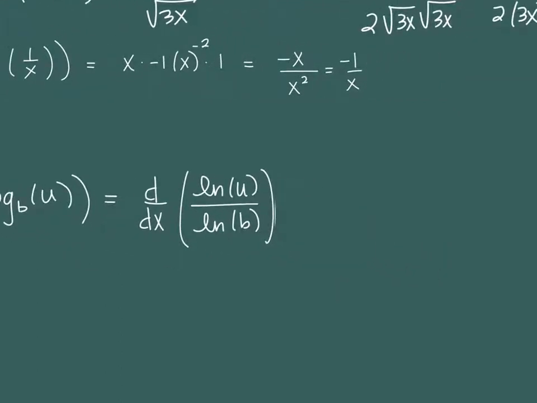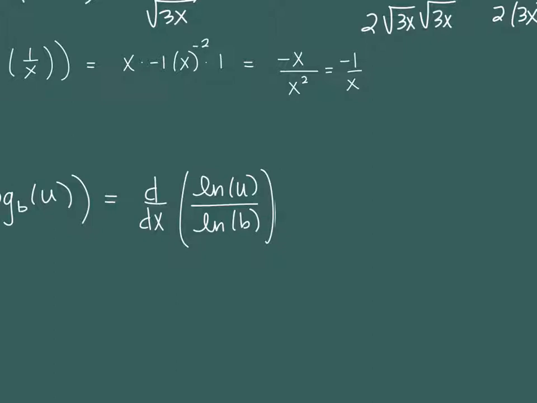Then you might think, oh, does that mean I've got to do the quotient rule to this if I'm going to take the derivative? And the answer is no, because b is what kind of number? It's a constant. And if b is a constant, then what's the natural log of b? It's still a constant, isn't it? The fact that you're putting a natural log around a constant doesn't change it.